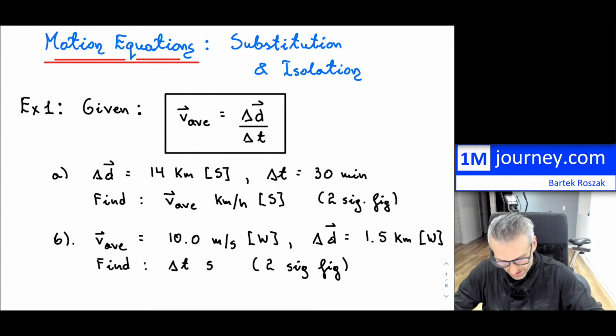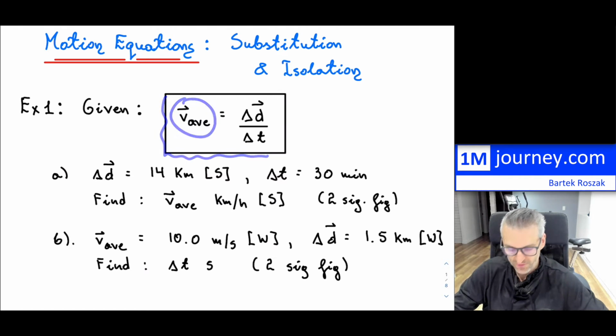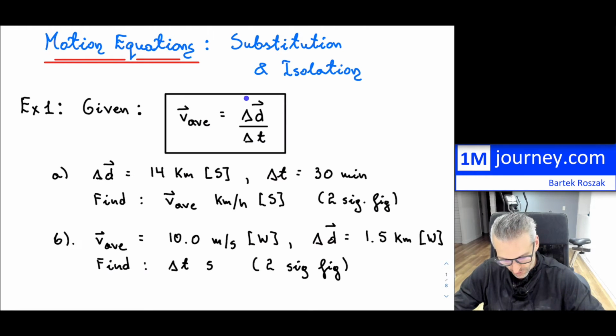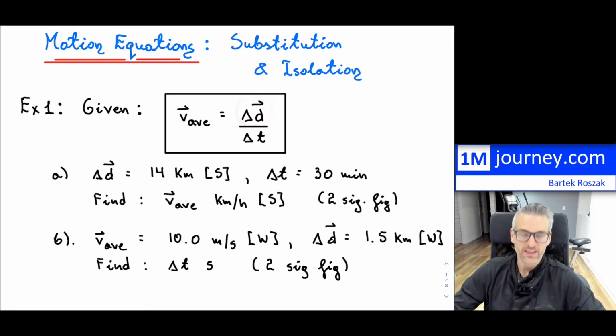The first formula that we have is nothing else but the average velocity, and typically this is when your acceleration is equal to 0. You use this formula by taking the change in your position, divided by the change in time.